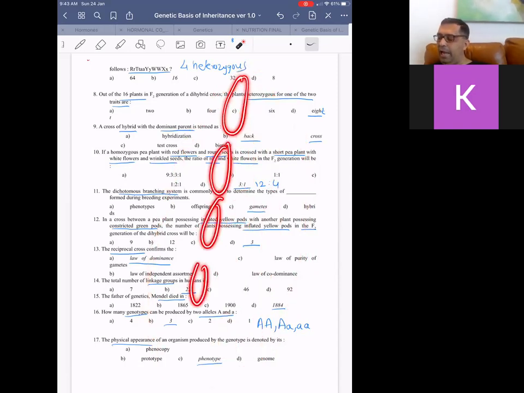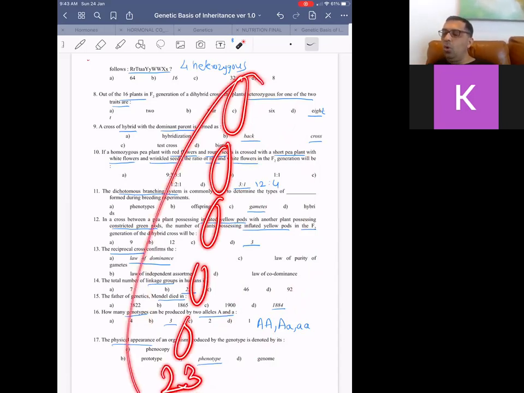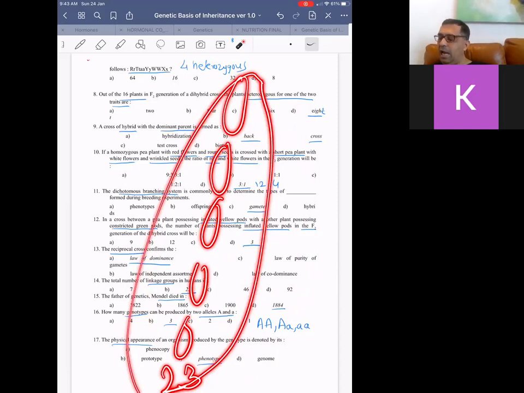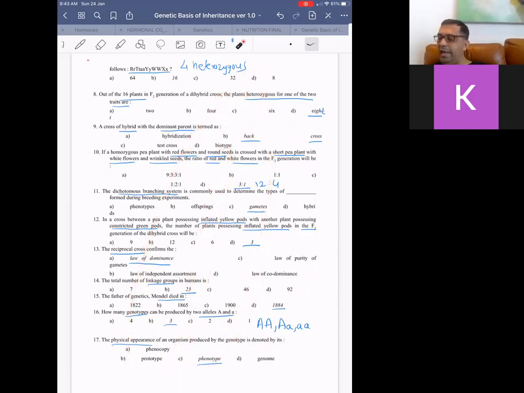Haploid condition में 23 chromosomes हो जाएंगे. So how many chromosomes in haploid condition? 23. And that is called as 23 linkage groups that humans have.